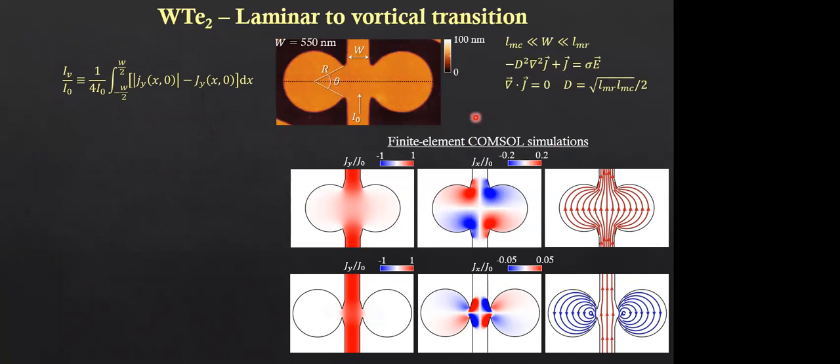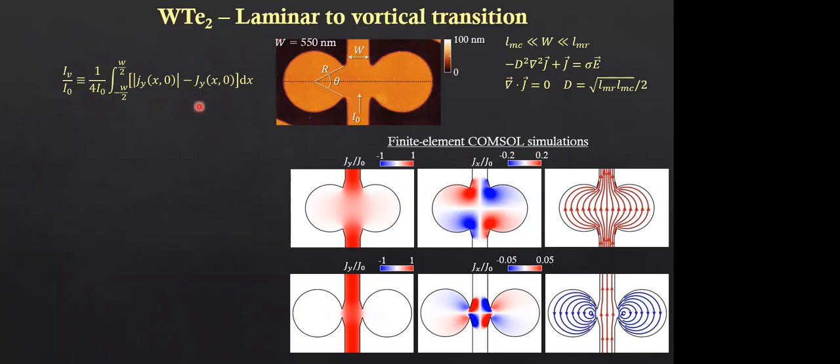And in COMSOL simulation, to parameterize the phase space of the vortical to laminar transition, I'll be using a quantity called I_V over I_0, and that is defined in this integral form.